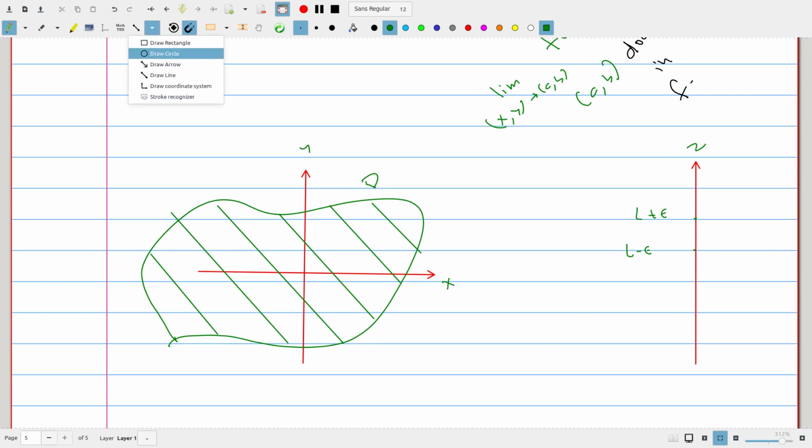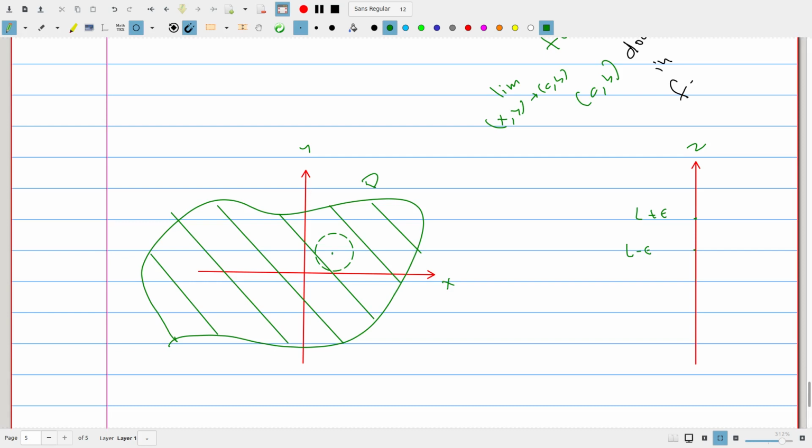So that's by definition, right? We'll call this our epsilon delta interval.